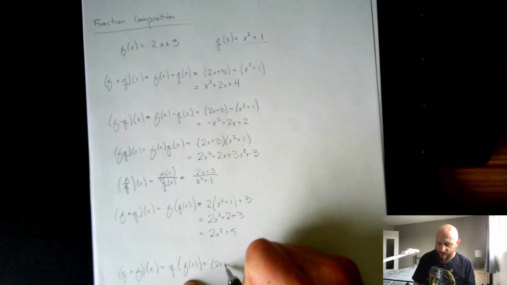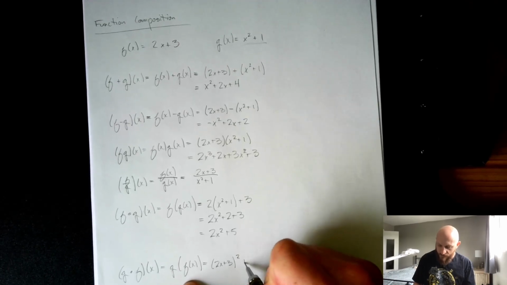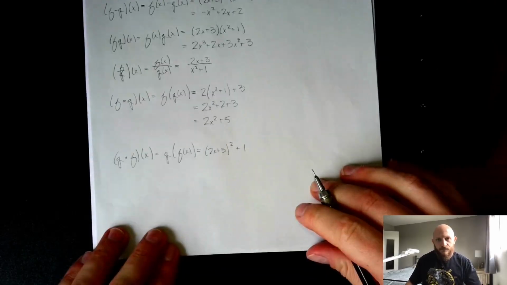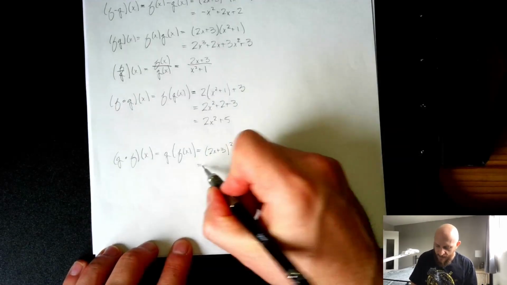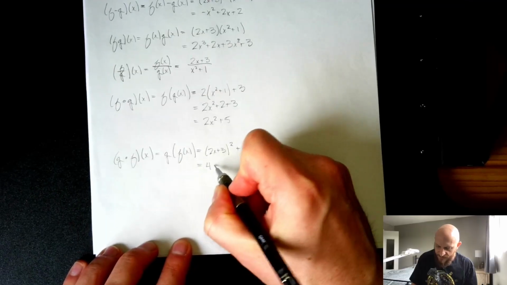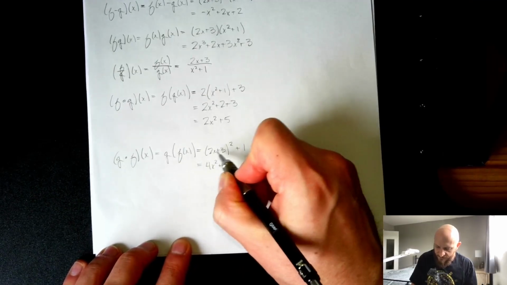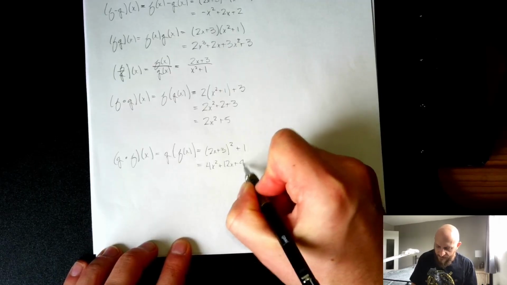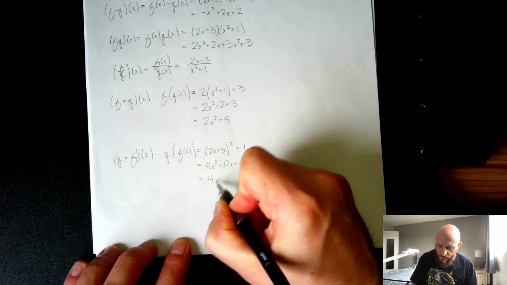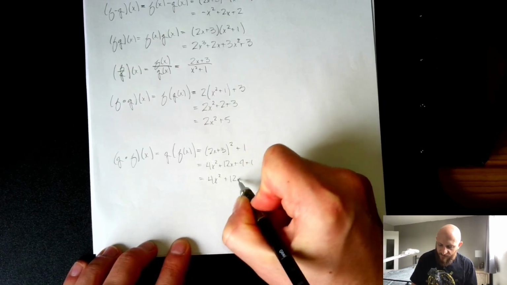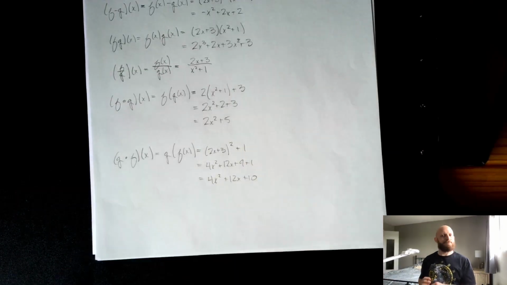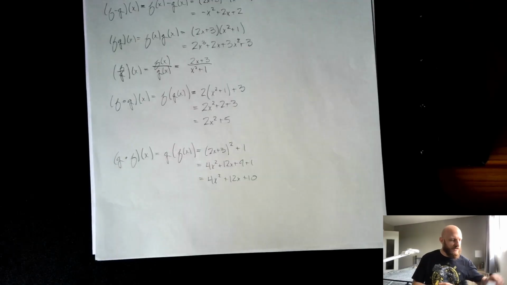So 2x plus 3 squared plus 1, g of f of x. And FOIL this out, it'll be 4x squared plus 12x plus 9 plus 1. So 4x squared plus 12x plus 10 is the function composition.